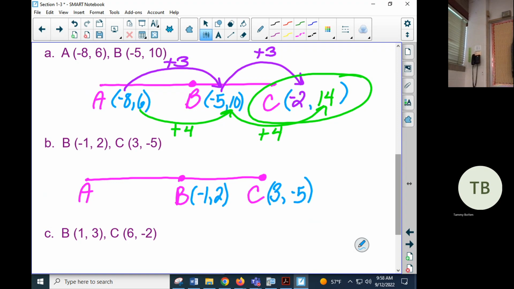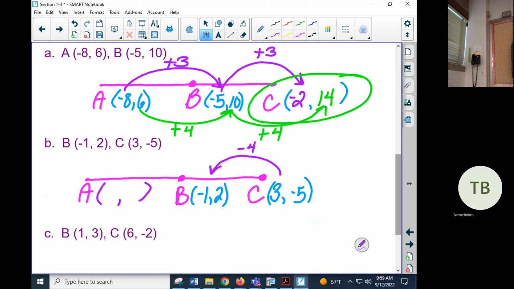On this one, we're looking for this endpoint. We basically do it the same way, except we start at this end. We ask ourselves, what do we do to 3 to get to -1? Do I add something or subtract something? To go from 3 to -1, it's getting smaller, so I have to subtract. 3 minus what gives us -1?